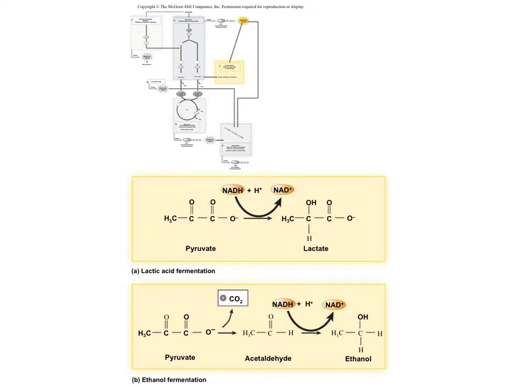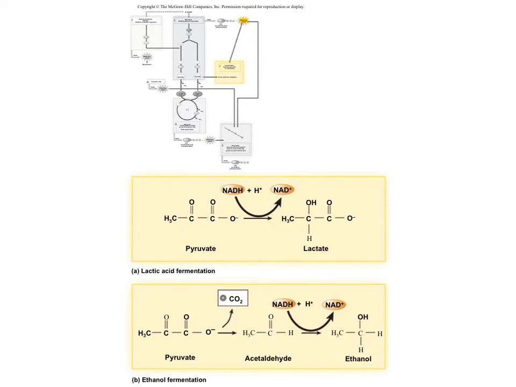Fermentation occurs after some manipulations of the carbon. In this case, we're going to look at two examples that occur after glycolysis. We start with pyruvate in both of our fermentations. Lactic acid fermentation is what occurs in your muscles if they go anaerobic. Here's pyruvate, it's 3 carbons.